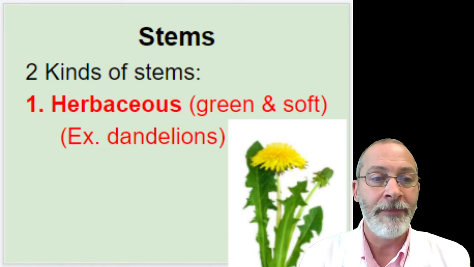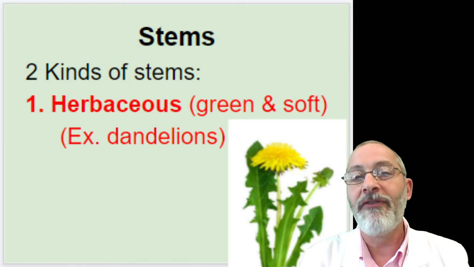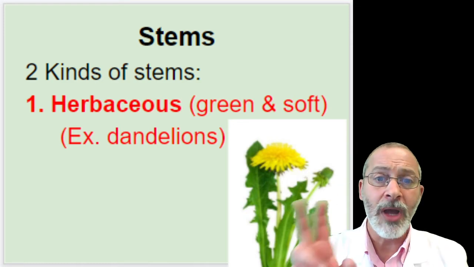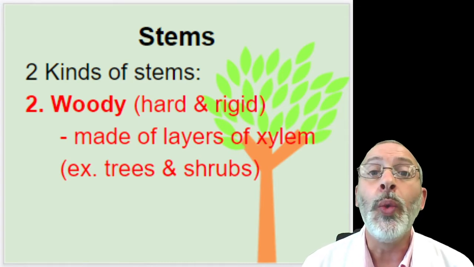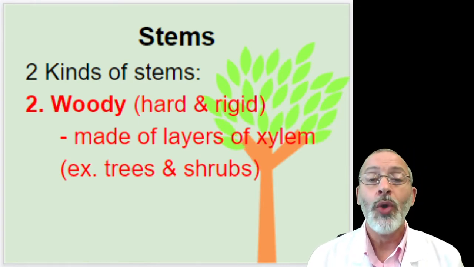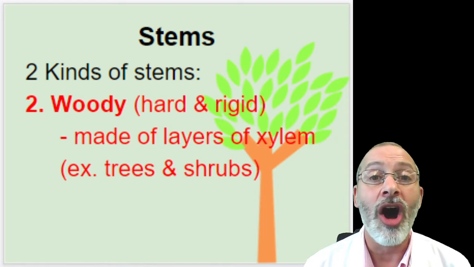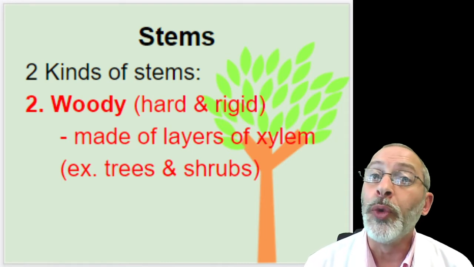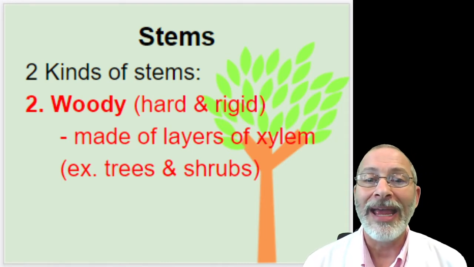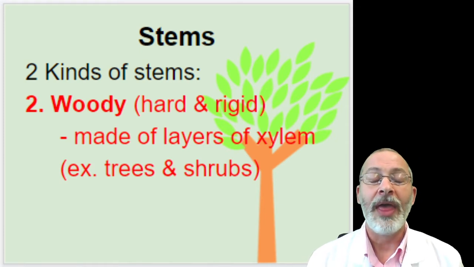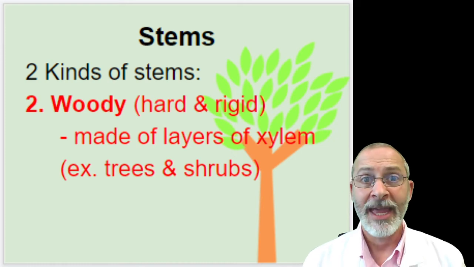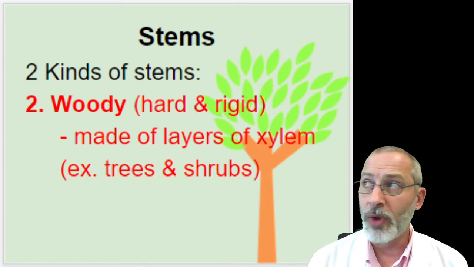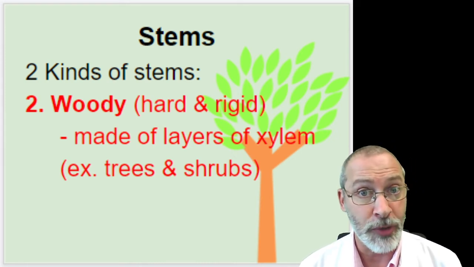They are green and soft, flexible, unlike the second type of stem, which are woody stems. Woody stems are hard and rigid. They are made of layers of xylem. How many of you can tell me what does xylem transport?